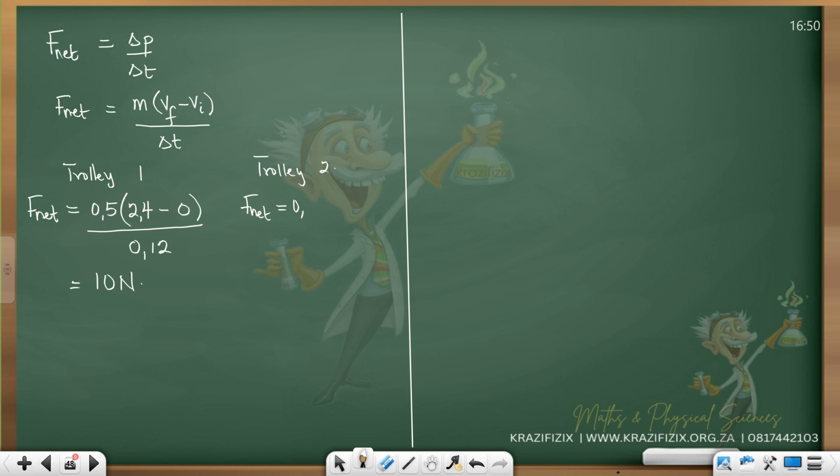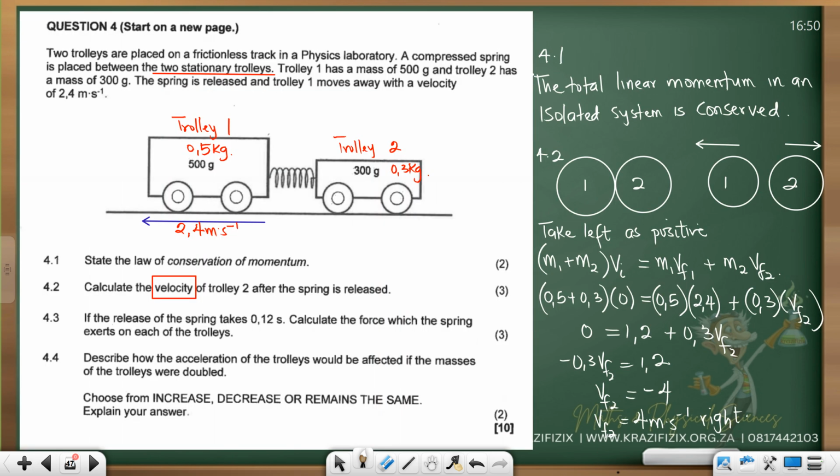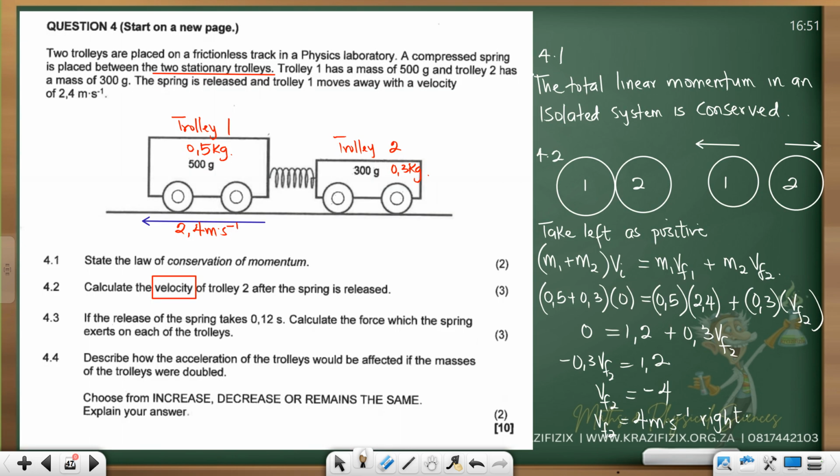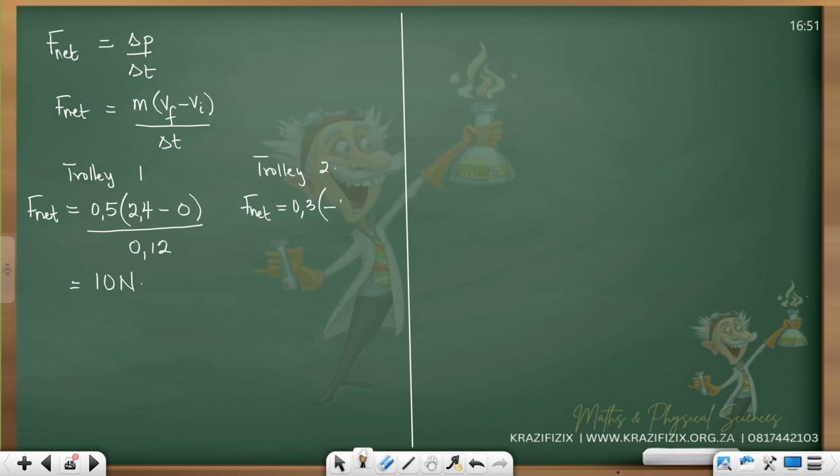Mass is 0.3. All right. Beautiful. 0.3. Now, what is its final velocity? Negative 4. All right. Initial velocity 0. And what is the time? Now, this would give you negative 10 newtons.